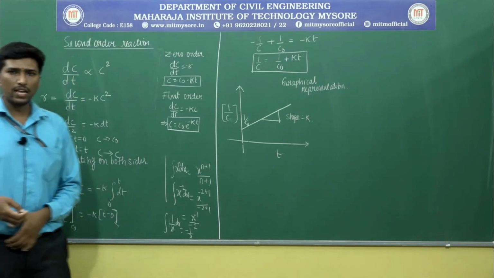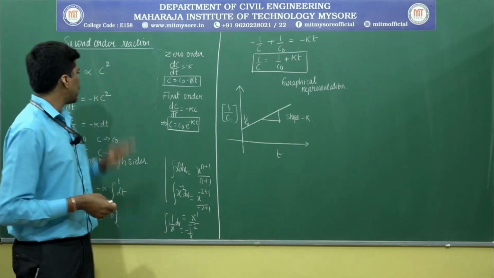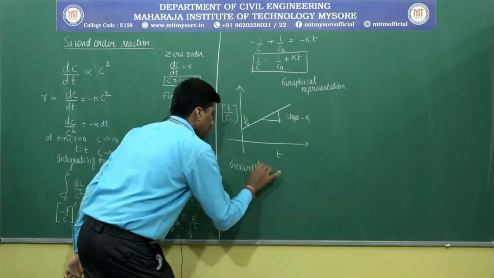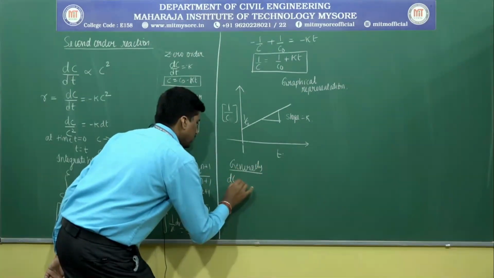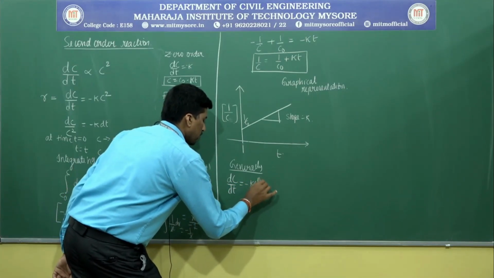Similarly, if you have any nth order type of reaction, maybe dc by dt is equal to minus k into c to the power of n. For an nth order equation, dc by dt is equal to minus k into c to the power of n.